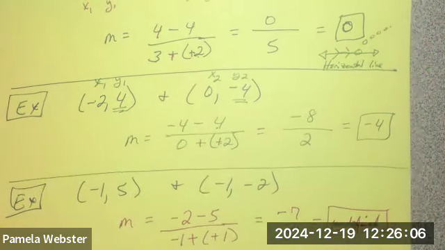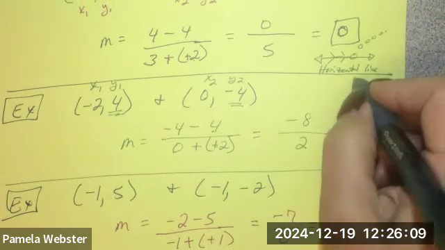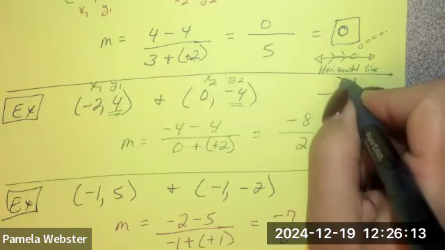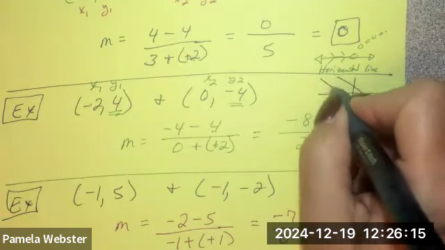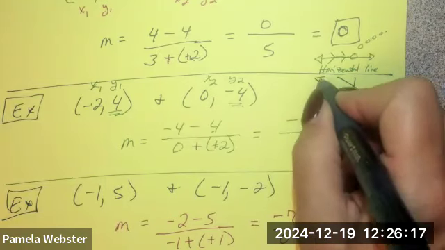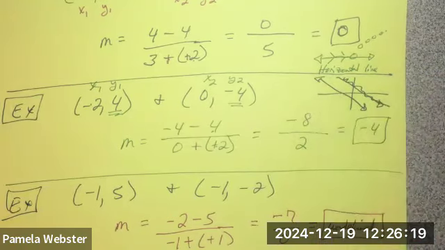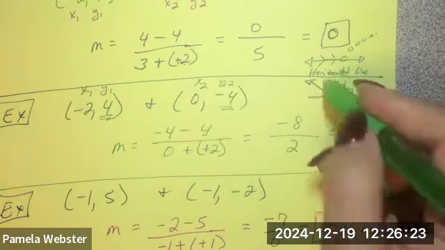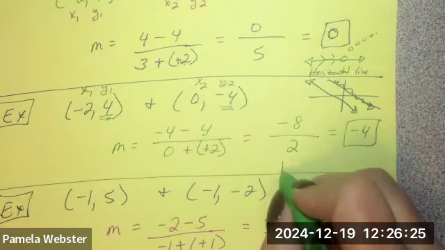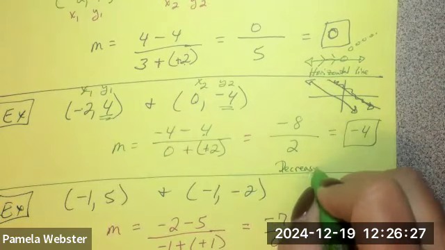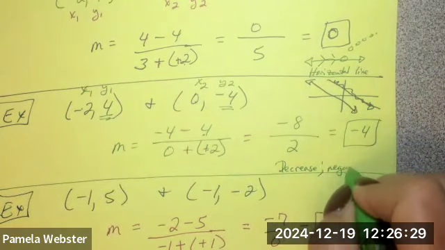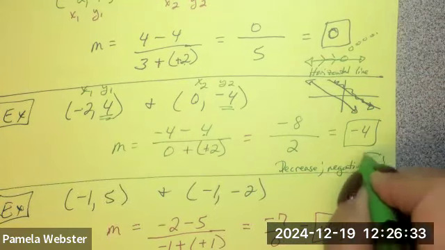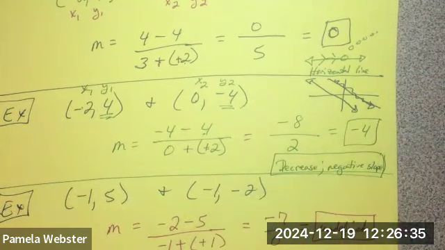We didn't graph this one, but if we did, it would look something like this coming down. Actually it goes through 0, -4, so it's something like that. The idea here is that the slope is going down, or this is a decrease, negative slope. Sometimes we say it's falling to the right.